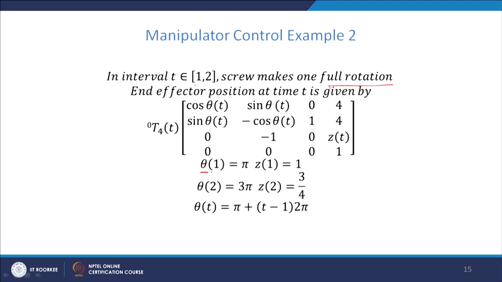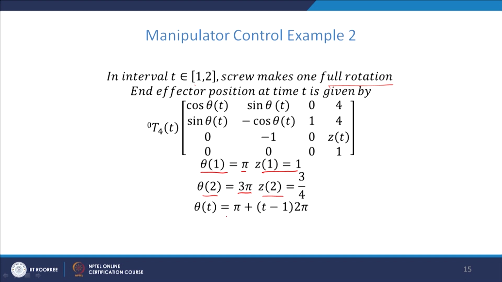So, at time t equal to 1 the angle is pi, and at time t equal to 2 it is 3 pi, and the height of the tool is 1 unit at time t equal to 1. After one full rotation the screw has gone inside 1/4th unit, therefore from the ground the height will be 3/4 at time t equal to 2.